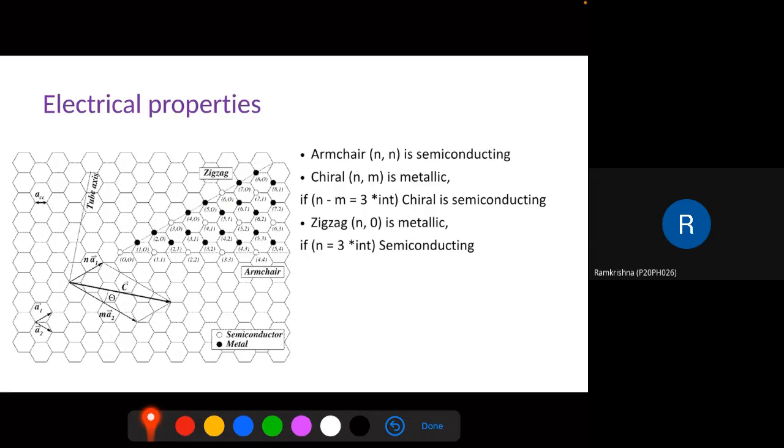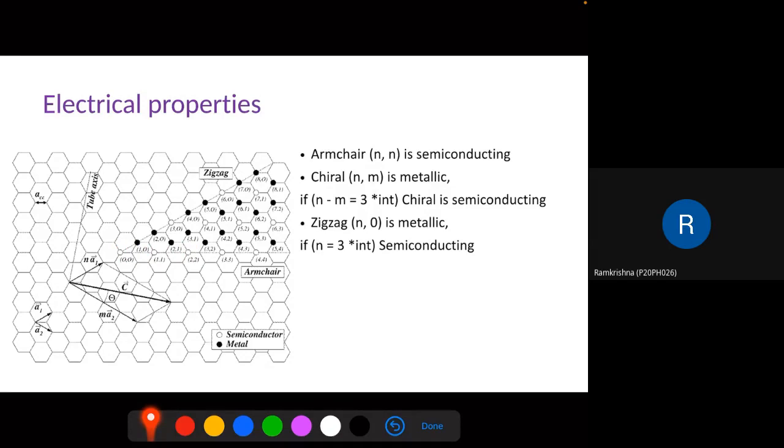And why zigzag? So again, you see this looks like a zigzag cross section, and that is why it's a zigzag. So now if you go along this line, this is where your m is equal to 0, so you are going along one of the lattice vectors. Okay, so you are going along this, so this is armchair nanotube.